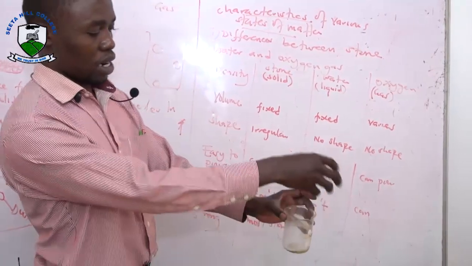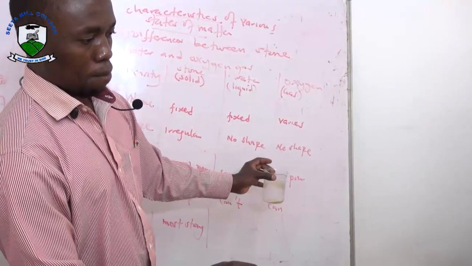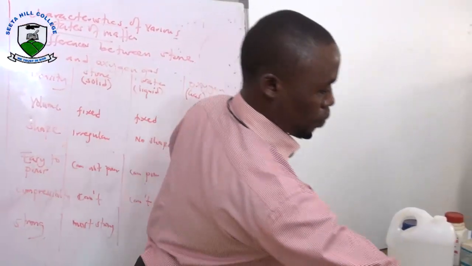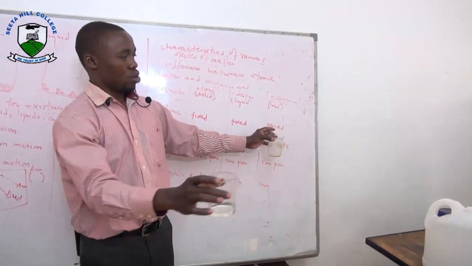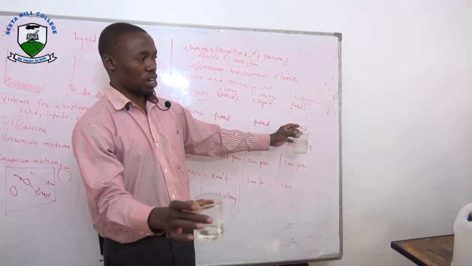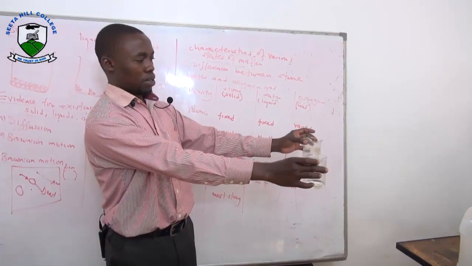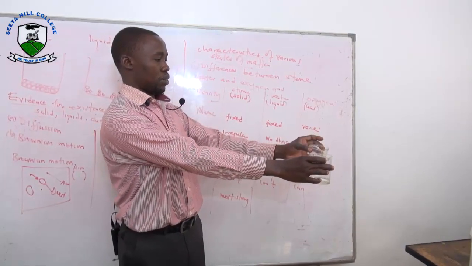This hydrogen chloride gas is spreading out. When I bring it near ammonia, ammonia gas would move towards hydrogen chloride gas, and you'll see something being formed.